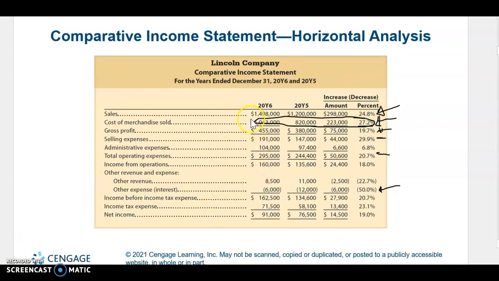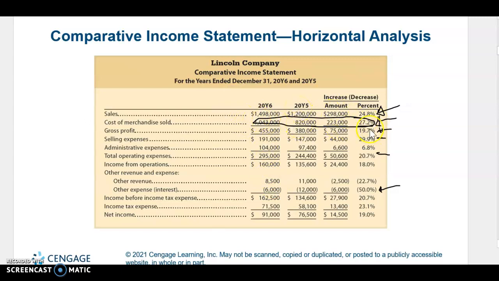But notice that sales are in the millions. Okay, so they're going to have a bigger impact on the company than some of these smaller numbers down here, these expense numbers. They're still pretty small. So sales is one that we really want to look at, and cost of merchandise sold, because those are our big numbers here.